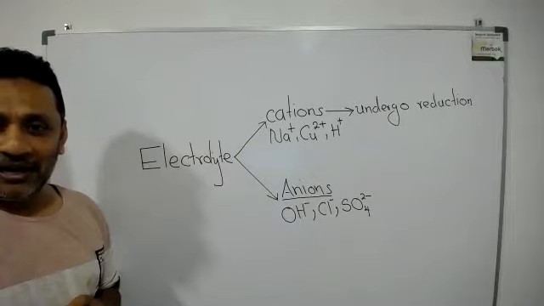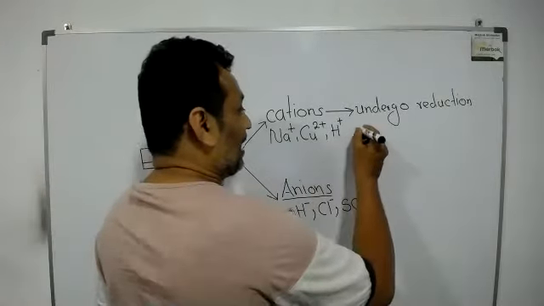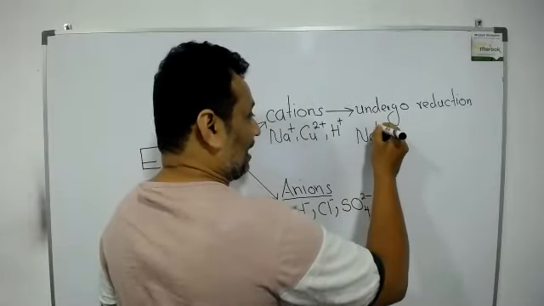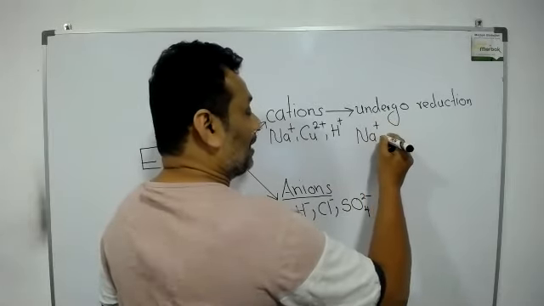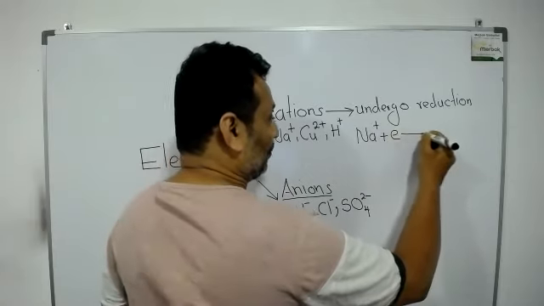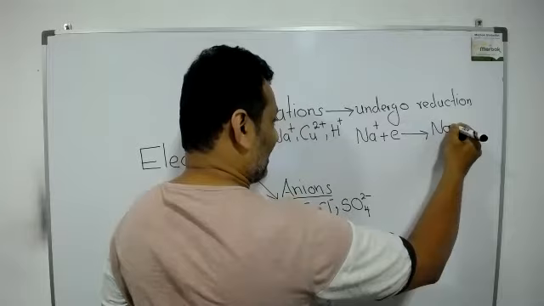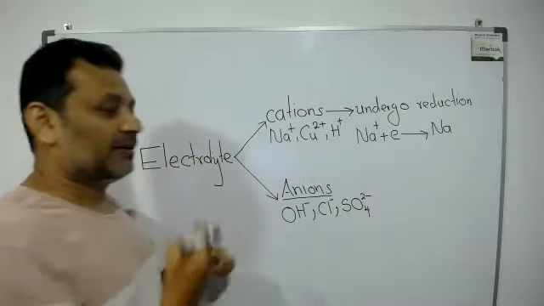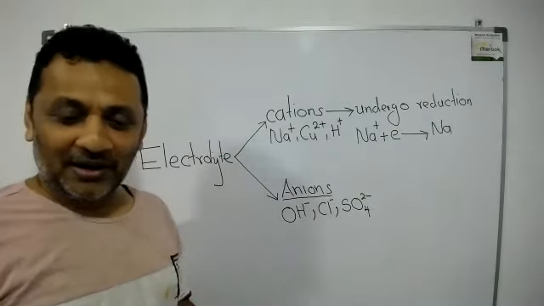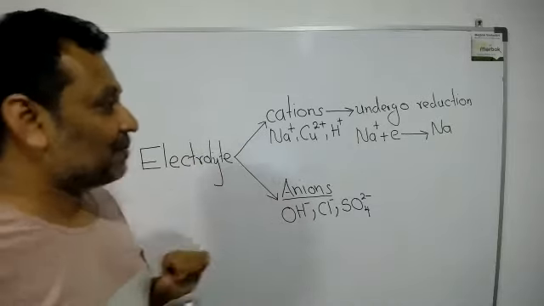During reduction reaction, Na plus will accept one electron and turn to Na.